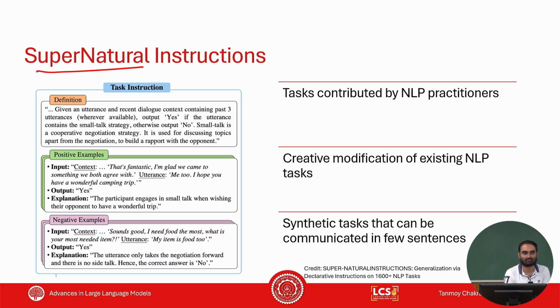In supernatural instructions, they hired NLP practitioners, and what they said is that for every task definition, again we are given a set of tasks, let's say in GLUE or SuperGLUE, you come up with the positive examples and the negative examples. The data can also be curated from, let's say, Git commits, comments and issues in GitHub and so forth.